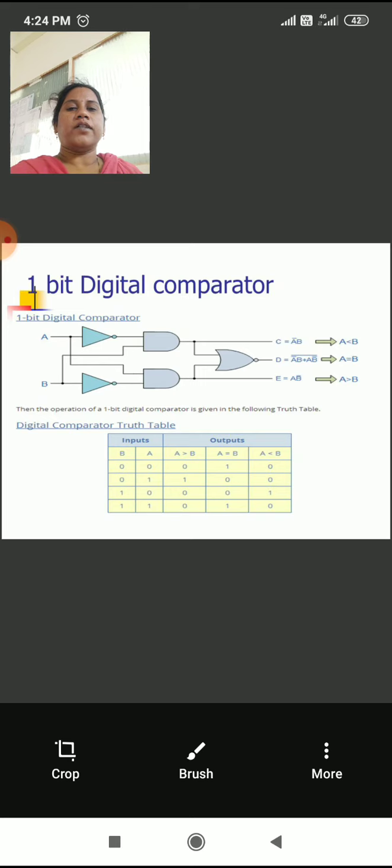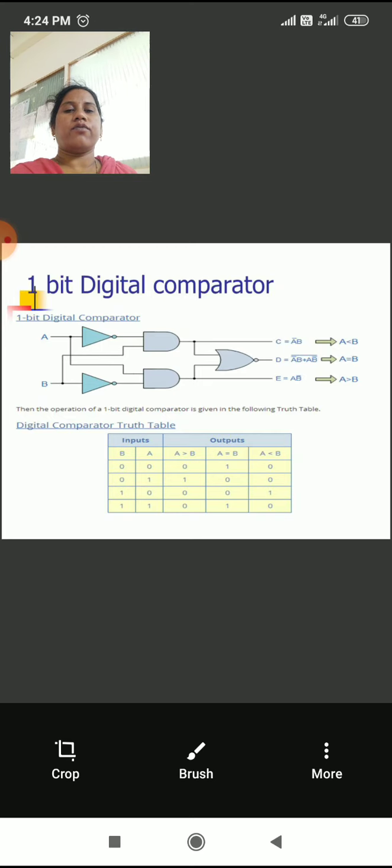Here at the output of the first AND gate, C is equal to A bar B. It is nothing but A is less than B. When our equation is in terms of A bar B, it is nothing but A is smaller than B. And next the D output is there, that is nothing but (A bar B plus A B bar) whole bar.